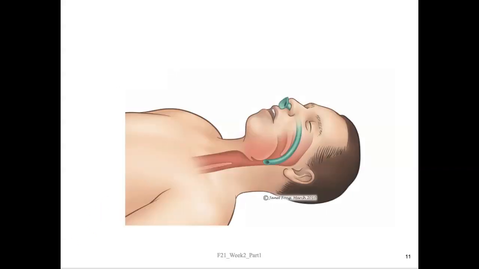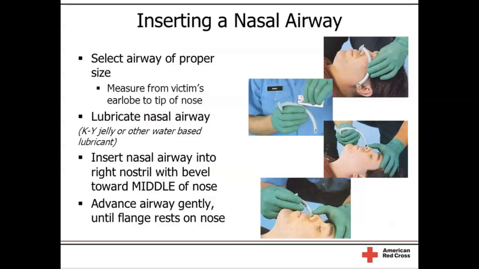This is a nasopharyngeal airway. And as you can see, it goes through the nares and actually sits at the back of the tongue as well. And inserting an airway, again, you need to select the proper size, and you measure the individual from the earlobe to the tip of the nose.